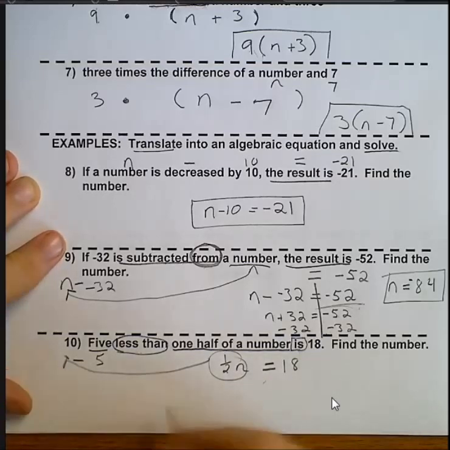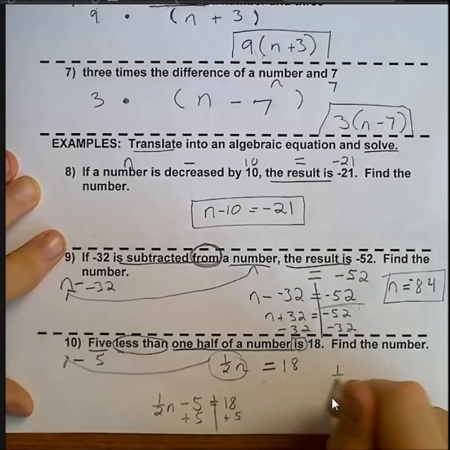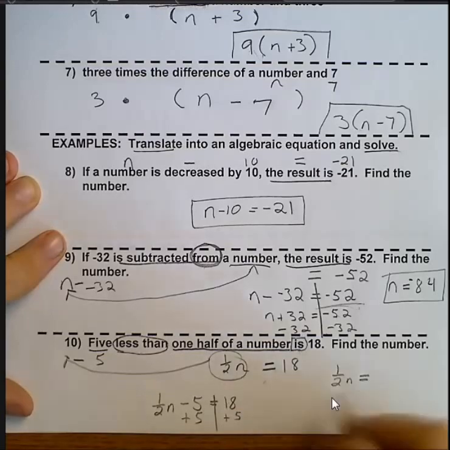So I rewrite this. My 1/2 n goes in front. Minus 5 equals 18. Well, I need to add 5 to both sides first. I'm going to get that 1/2 n equals 18 plus 5 makes 23.